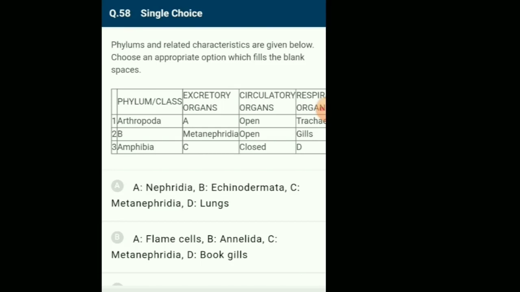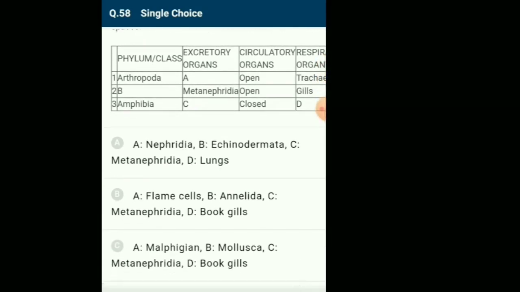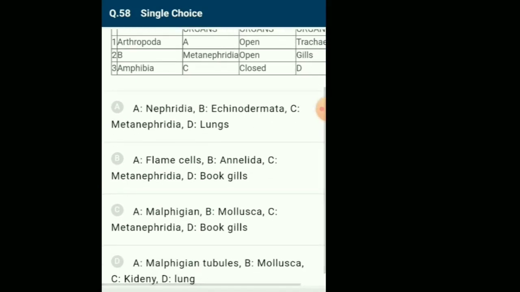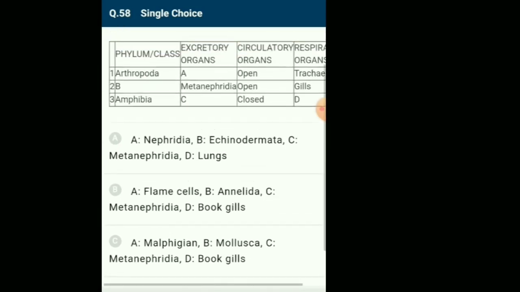Question number 58. Phyla and related characteristics are given below. Choose the appropriate option which fills the blank spaces. The excretory organs of arthropoda are coxal gland, green gland, Malpighian tubules, with open circulatory system. They respire with the help of trachea and book lungs. Mollusks also have a well-developed excretory system using tubular nephridia, organized as kidneys.